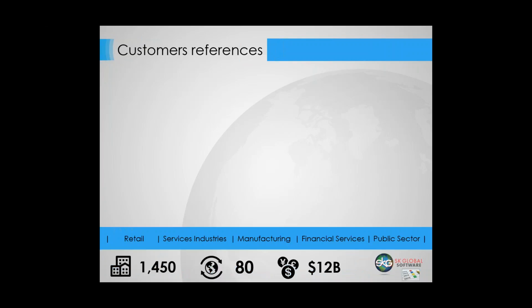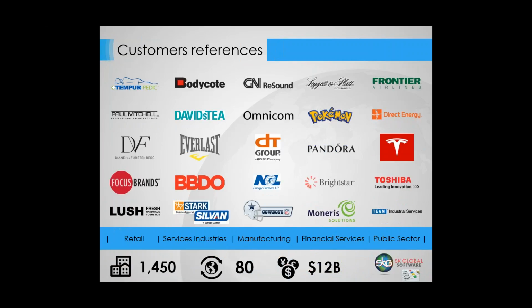With our solution being a very horizontal solution, we have customers across virtually any industry or vertical you can think of. Here are a number of customer references that you may know of. These represent various industries, and these are some of the bigger ones, also having global operations. So we truly work with customers of all sizes, from the smaller ones to enterprise-sized customers.